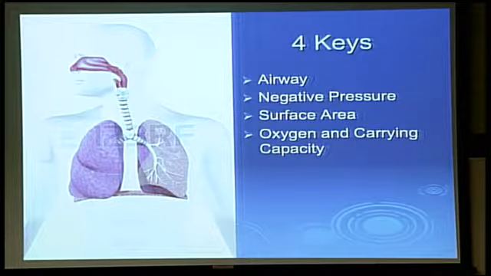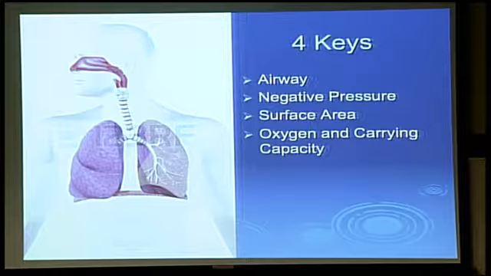You need to have surface area within the lungs where the gas can exchange, and then you need to have oxygen, and you need to have the capacity to carry the oxygen and the capacity to carry the carbon dioxide. And so as we go through the different respiratory disorders, I'm going to use this framework to organize how we treat them.